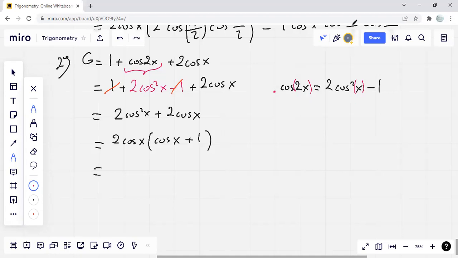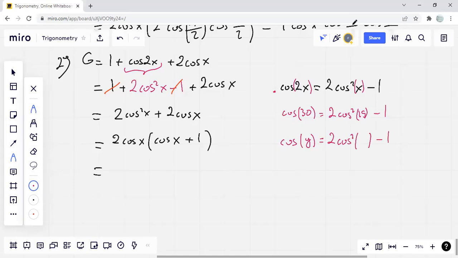For example, if we have cosine of 30, we can write it as 2 cosine squared of 15 minus 1. So let's try, if we have cosine of y for example, what will we have here? 2 cosine squared of what?